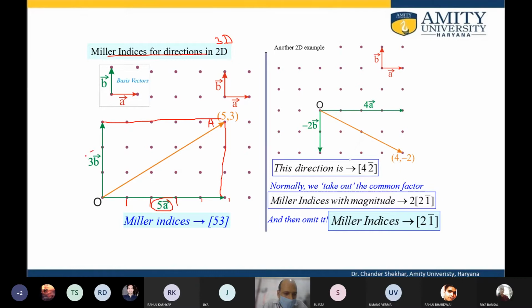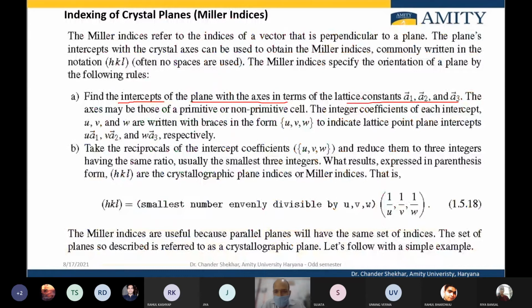Similarly, along the y-axis there are 3 B. These are the intercepts in terms of the lattice constants A1, A2, and A3, and the axes may be those of a primitive or non-primitive unit cell. Once you have selected a unit cell, these intercepts are in terms of that unit cell.